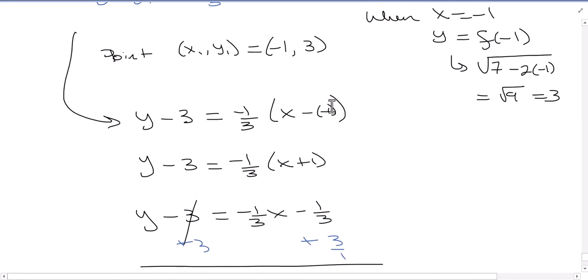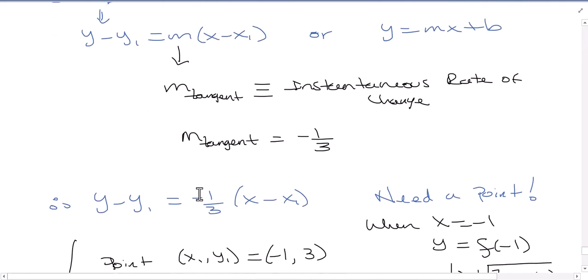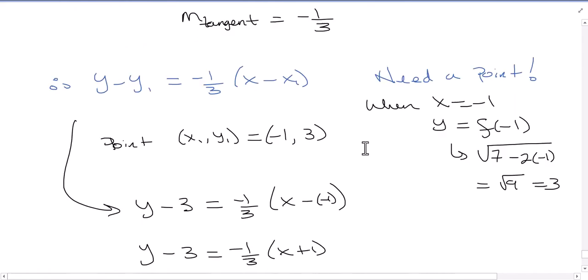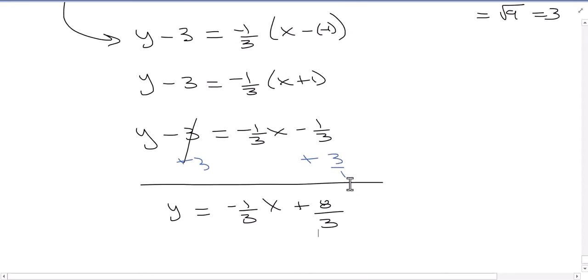I know graphing calculators are not required in this class, but if you happen to have a graphing calculator, then you can quickly graph the function f of x equals the square root of 7 minus 2x, and then graph the line y equals negative 1/3 x plus 8/3, right? Mx plus b. And you should see that the line only touches the graph at the point when x is negative 1.